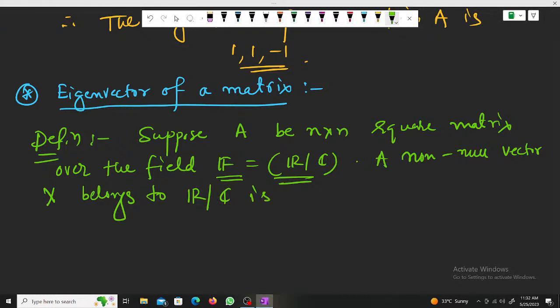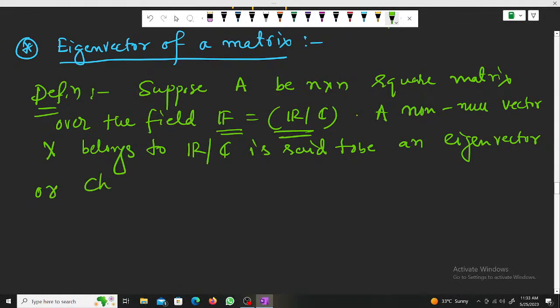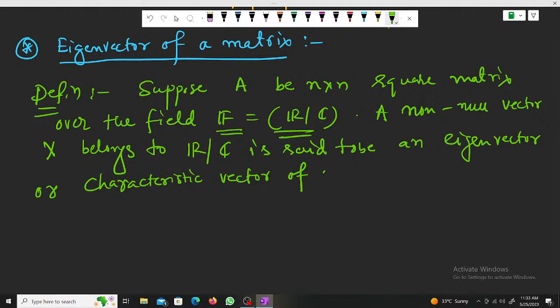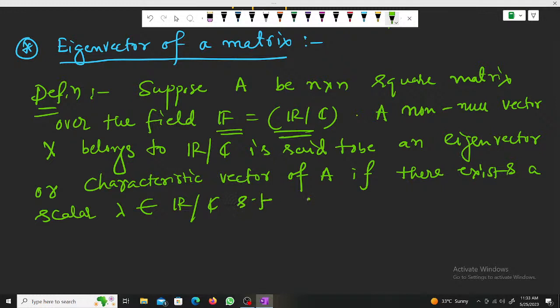is said to be an eigenvector or characteristic vector of A if there exists a scalar lambda belongs to R or C such that AX equals to lambda into X holds.